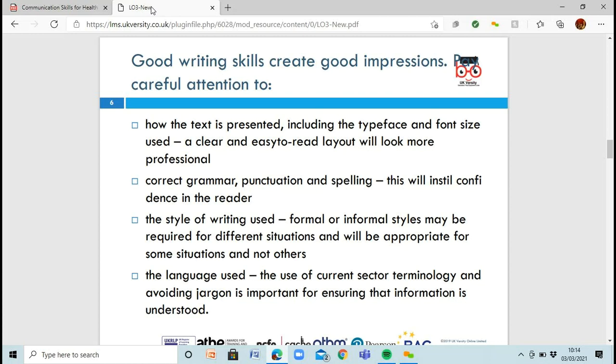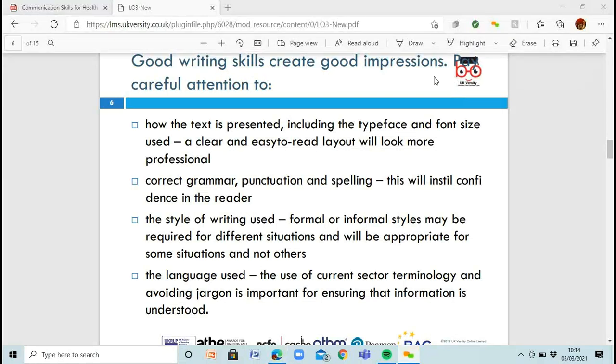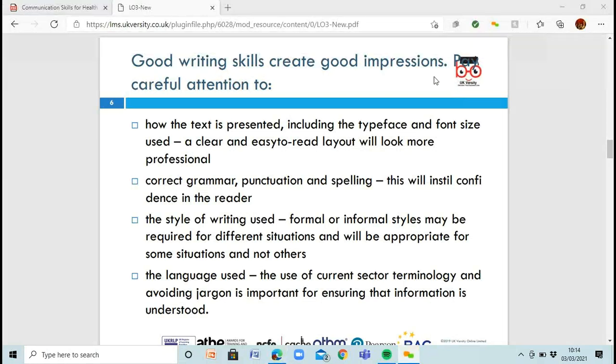Make sure that the style of writing that you use is appropriate. So you might want it to be formal. If it's an official report, make sure that it's a formal style of writing. If you're just making little notes for colleagues, informal is okay. But just make sure it's the right situation. And then the language that you use, you might want to use the current terminology, but you don't want to use jargon.